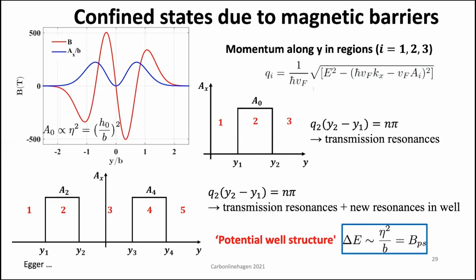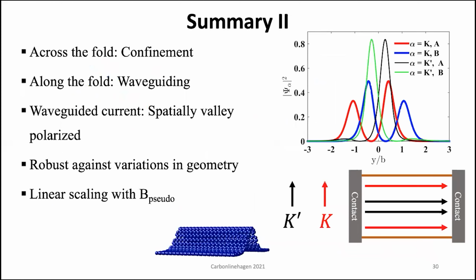So when one takes a look at measurements of density of states, dI/dV in STM for instance, or when one measures variations in the density of states, this scaling is a clear signature that the strain distribution is such that it does not produce a homogeneous magnetic field. And we are not talking about Landau levels, but states confined by magnetic barriers.